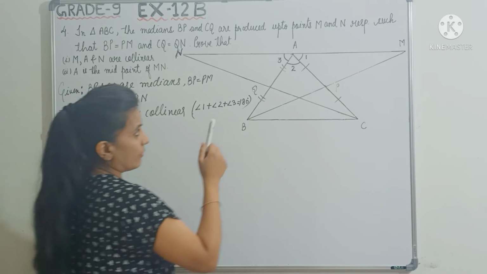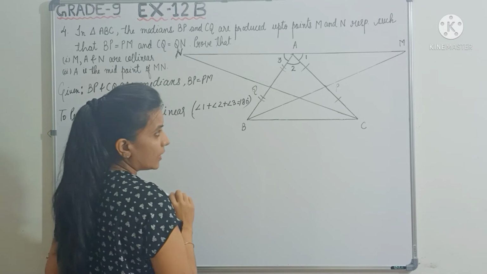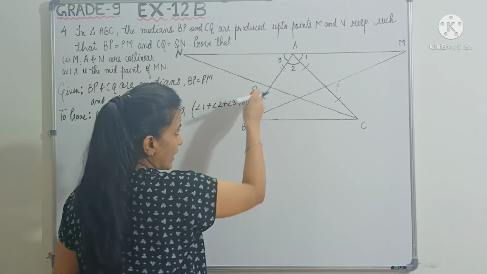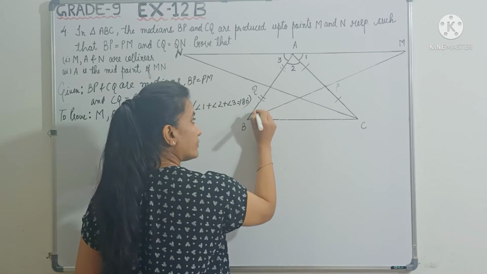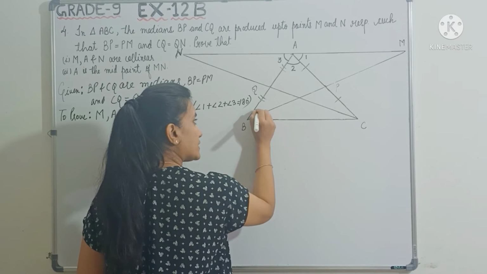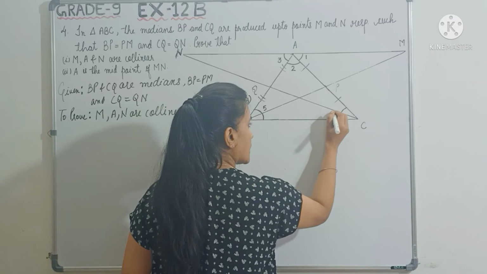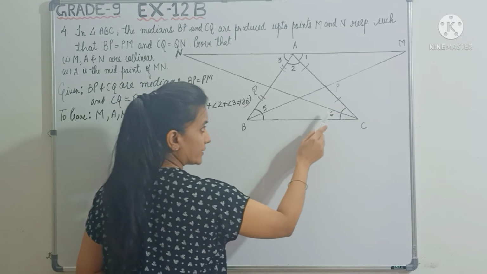Okay. Now how will you show the sum of these three angles is 180 degrees? If you carefully observe this, here we have a triangle ABC. In this triangle, if I take this complete angle as 5 and this complete angle as 6, what can you comment about angle 2, angle 5 and angle 6?